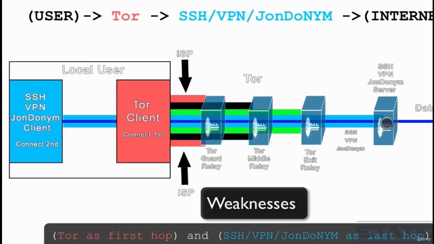Before this, the 3-layer multiple hop is connected, and the local user or Tor client first goes to the Tor guard relay, and of course with the help of ISP, but at last the SSH, VPN, JonDonym server stops it, and the SSH, VPN, and JonDonym server are the best protection against the local user Tor client.